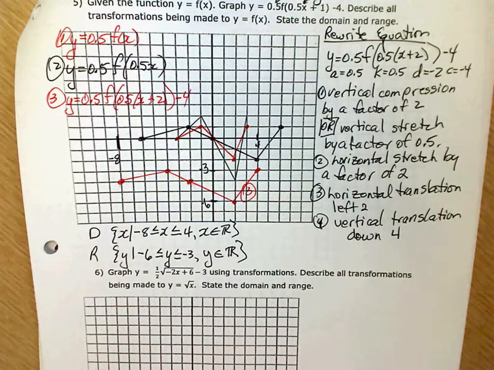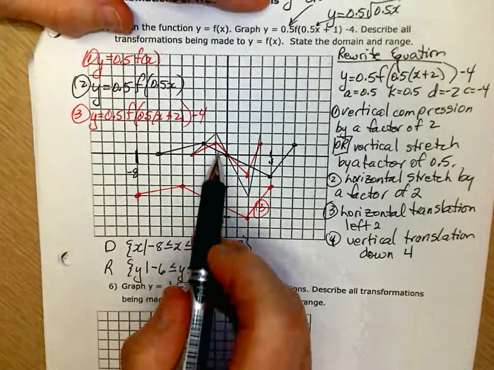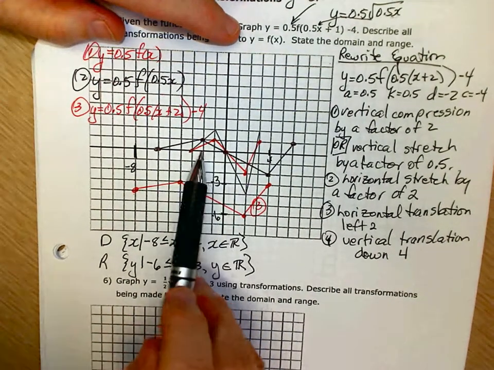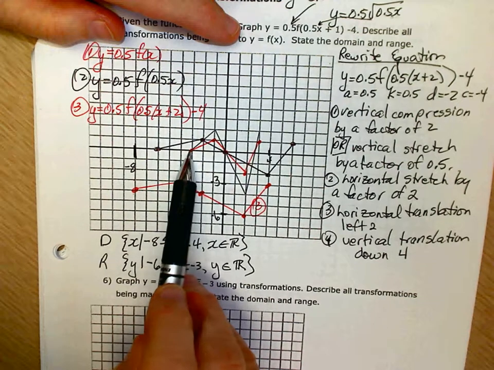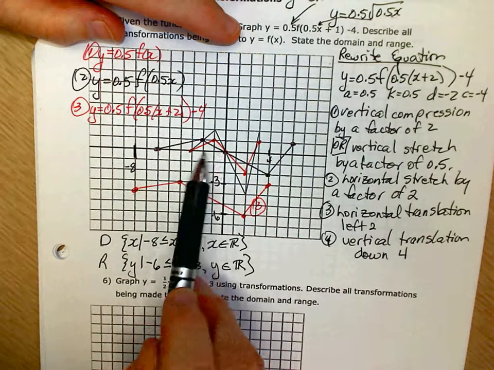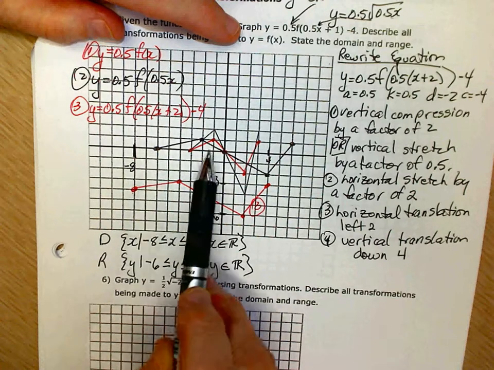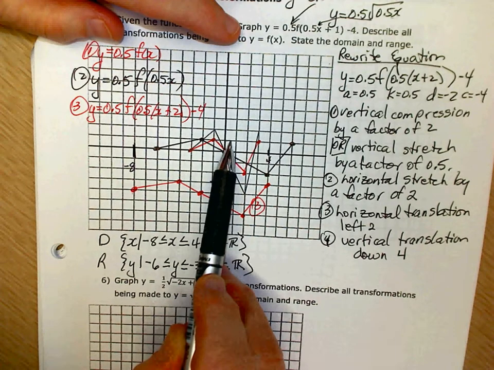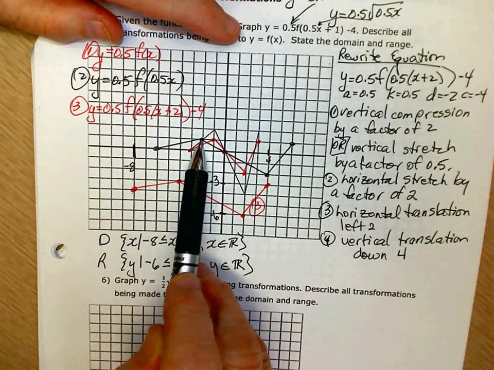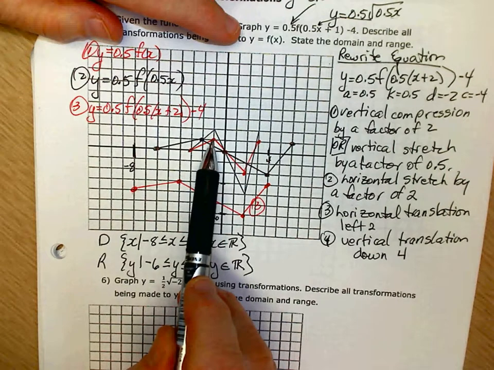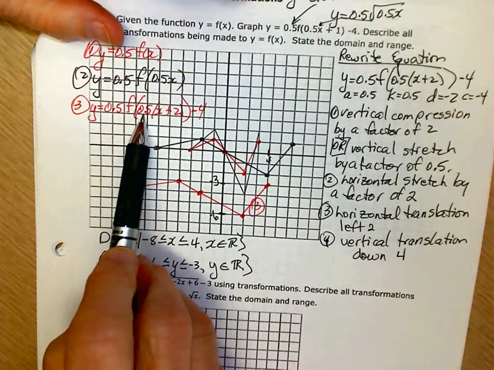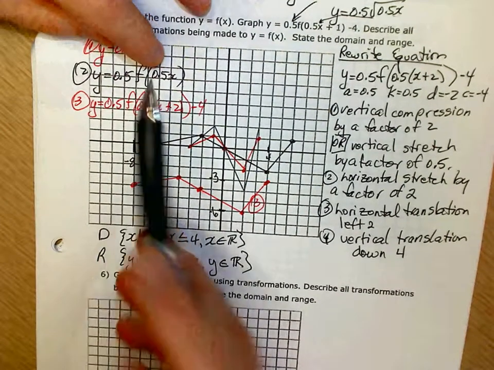Yeah. So here, let's see. I am changing the red one. So here the x was negative 3. Negative 3 times 2 is negative 6. Here the x was negative 1. Negative 1 times 2 is negative 2. Because it's a factor of 2. It's a horizontal stretch by a factor of 1 over k.